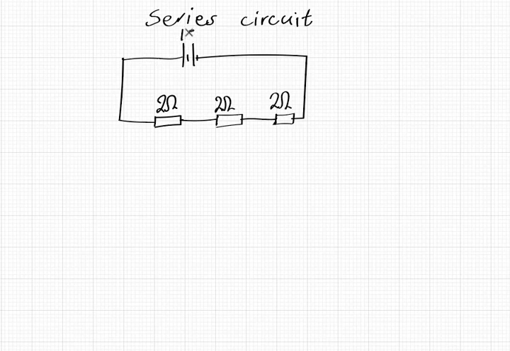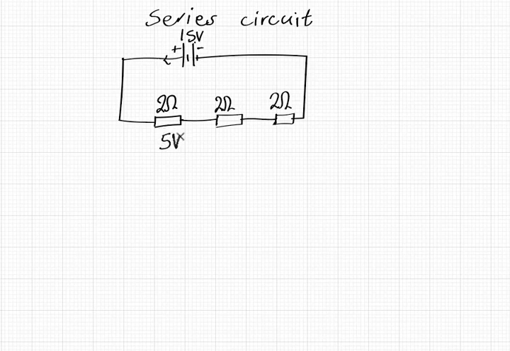Say 15 volts. Each and every charge leaving the positive terminal will have 15 volts, and there are 3 resistors of equal resistance. So the difficulty for a charge to pass through these resistors is the same. Therefore, they are going to share the 15 volts equally.